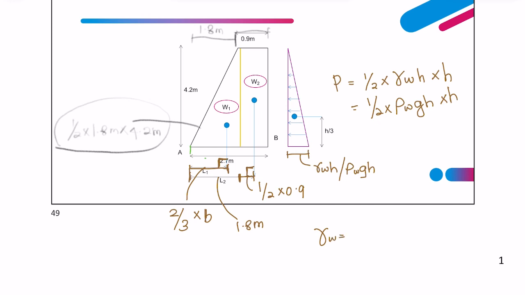The thing we must remember, and this is fixed: the unit weight of water is always 10 kilonewton per meter cube.